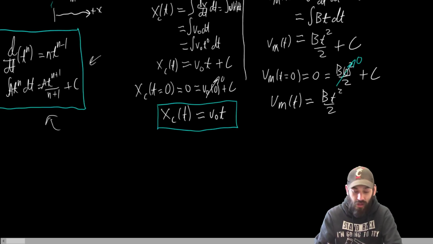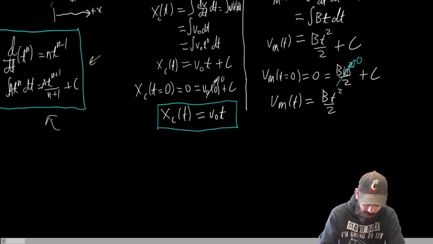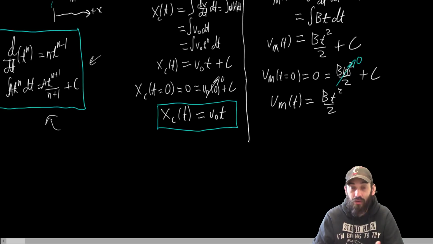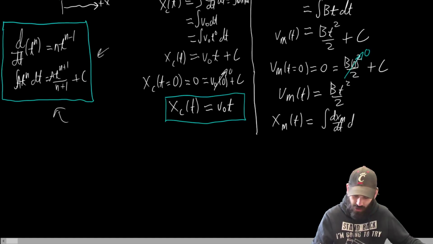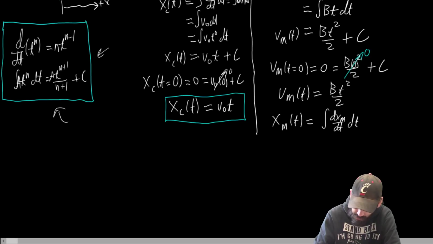We're almost there. The last thing that we need to do is figure out what the position as a function of time is for the motorcycle. In order to do that, we say that x of t for the motorcycle is going to be equal to the integral of dx_m/dt times dt.